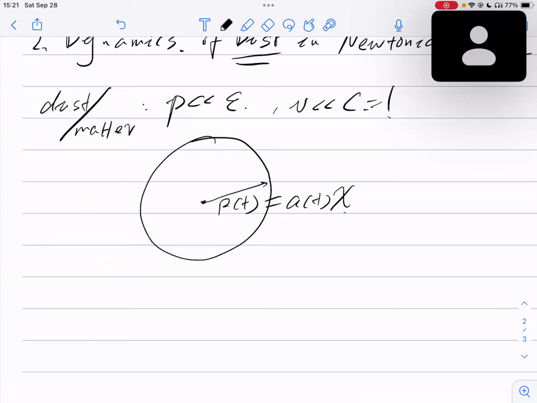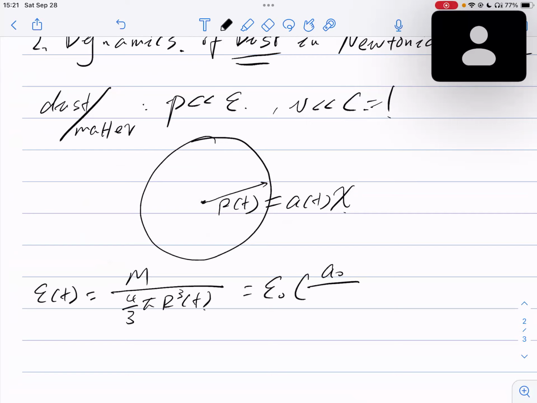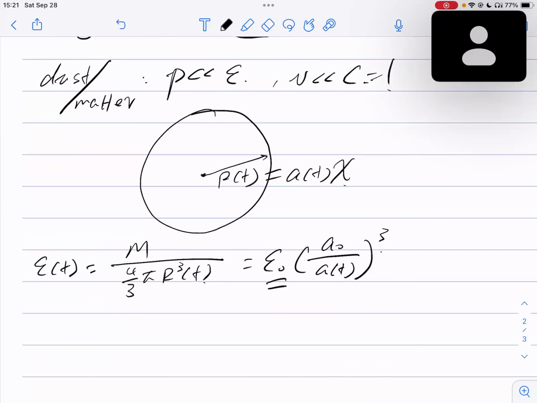So we can calculate the energy density epsilon equals M over 4/3 pi R cubed. And this one can be written as this formula, with a(t) cubed. Well, this epsilon is just the energy density at the moment at which the radius is equal to a0. And we can take a derivative with respect to t on both sides of this equation.